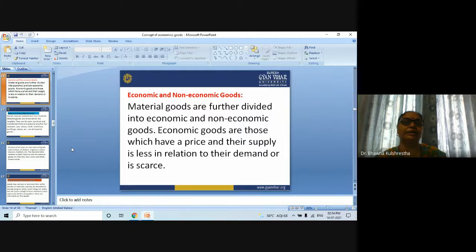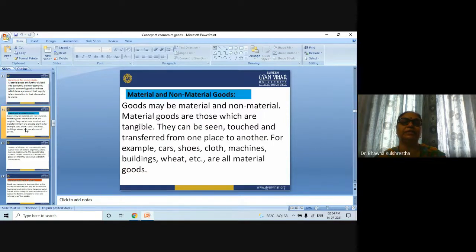And the next is material and non-material goods. Goods may be material and non-material. Material goods are those which are tangible. They can be seen, touched, and transferred from one place to another.